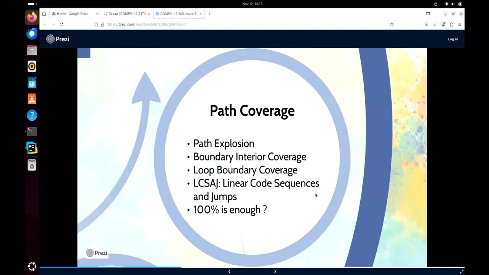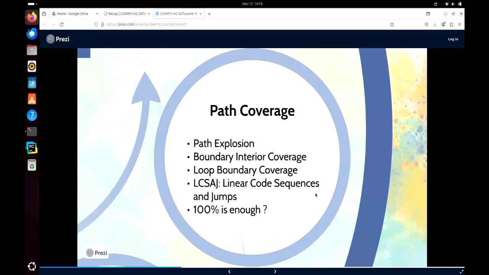So if we have loops, we will have the problem of path explosion. We will have too many paths. Normally achieving 100% path coverage is not doable in real life because of this path explosion problem.